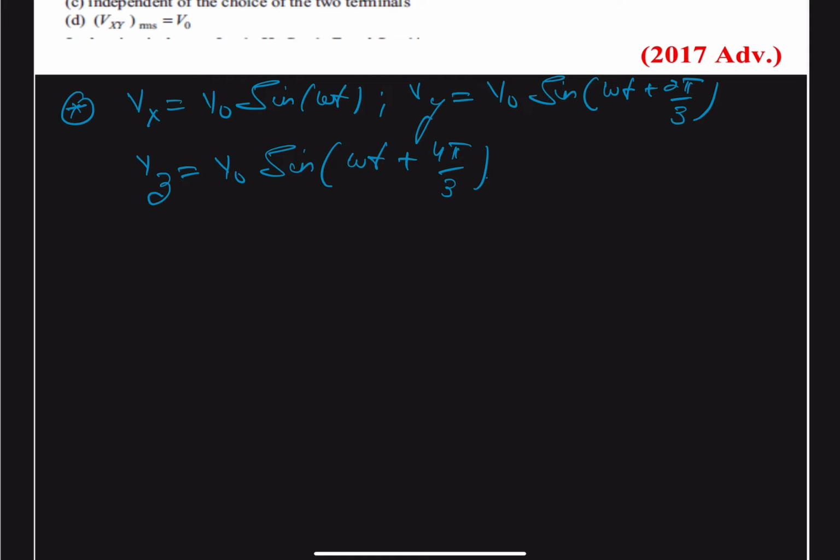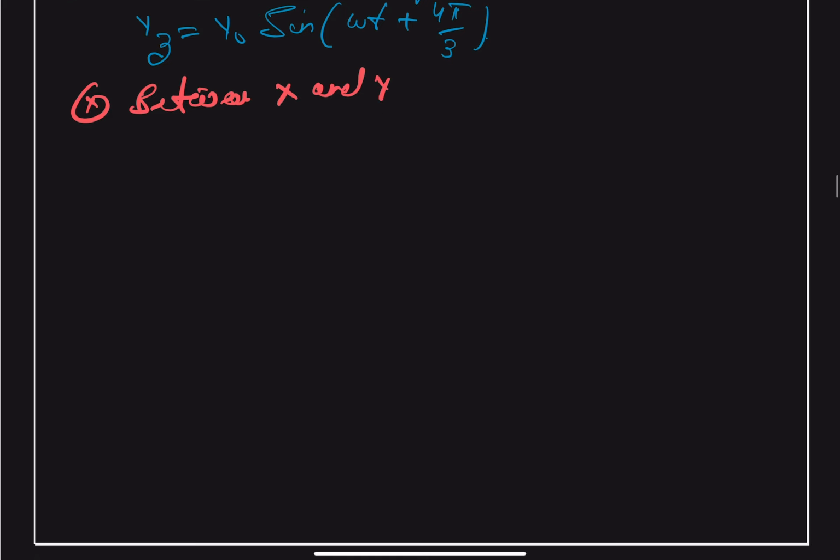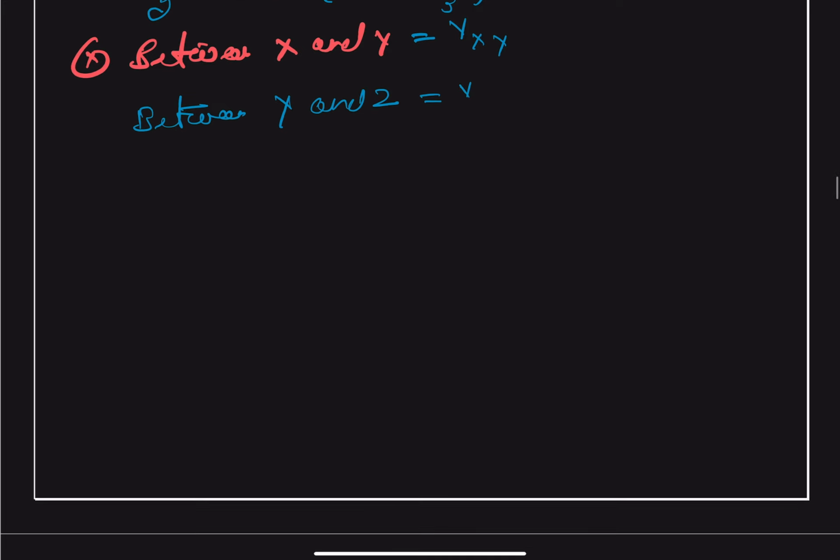And it is said that the RMS voltage is being measured, first between x and y, and next between y and z. So between x and y, let us call it Vxy, and between y and z, let us call it Vyz.